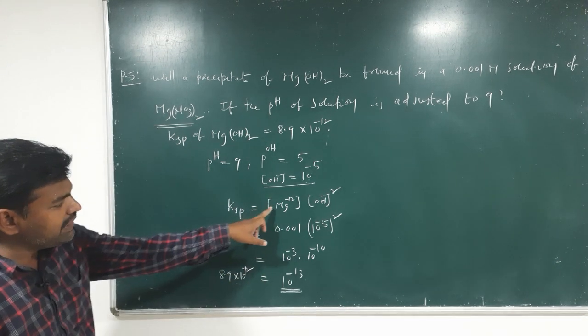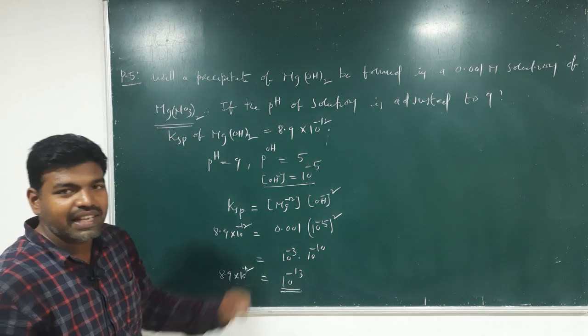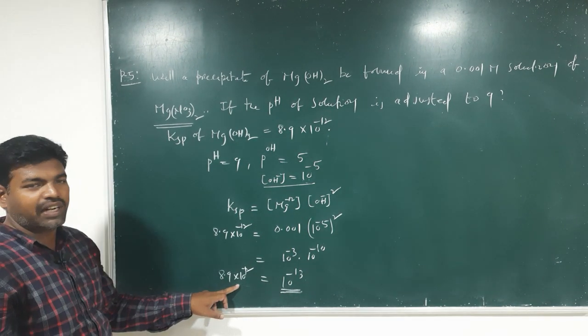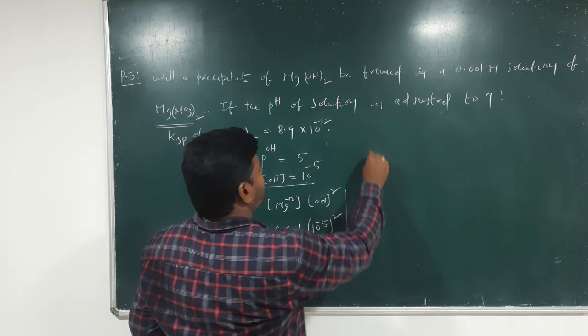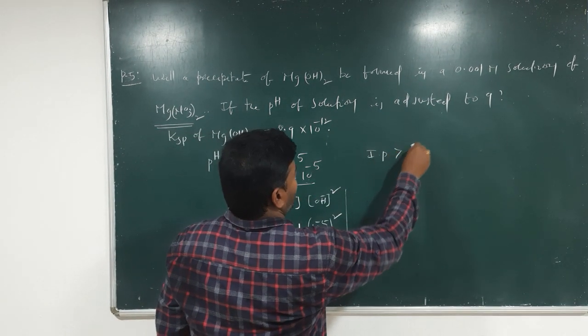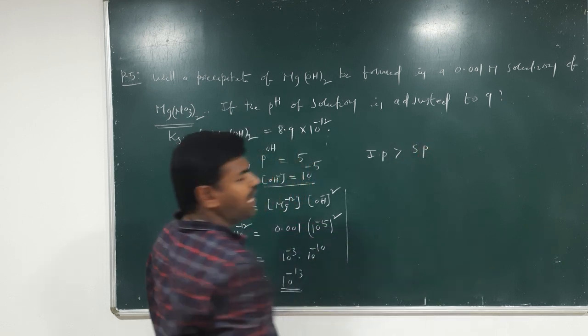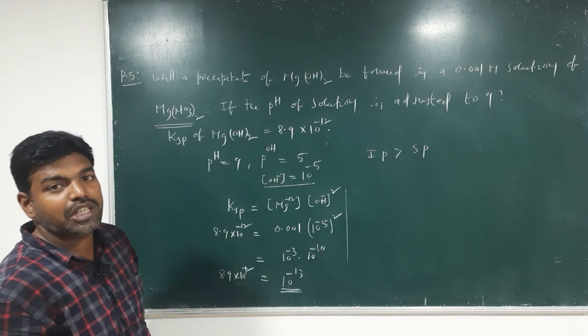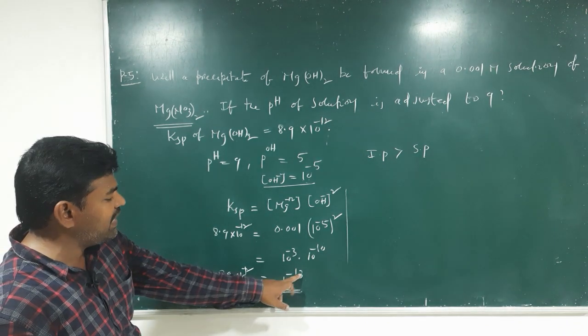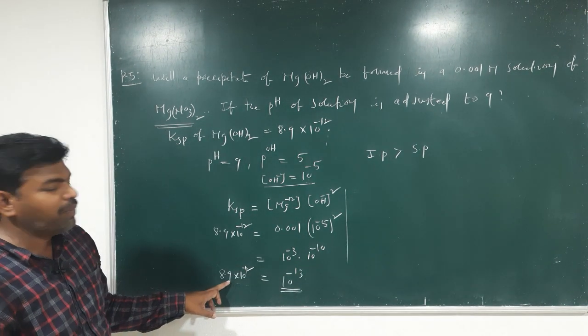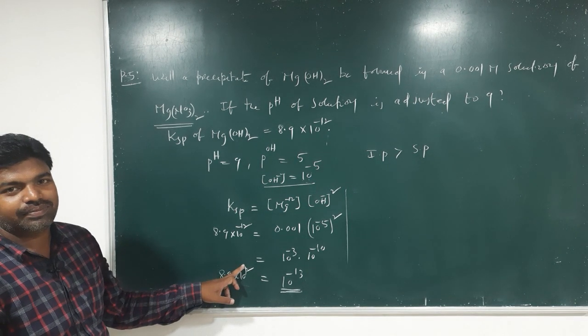Here the ionic product is 10 power minus 13 and the solubility product is 8.9 into 10 power minus 12. When will precipitate form? When the ionic product is greater than the solubility product, precipitation takes place. But here the ionic product is 10 power minus 13, and the solubility product is 8.9 into 10 power minus 12.